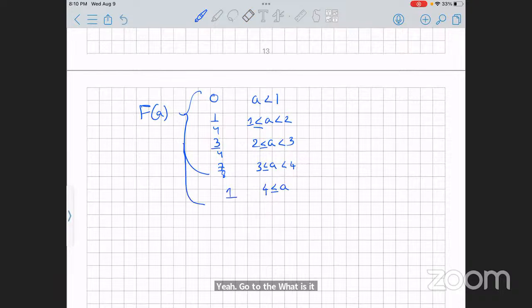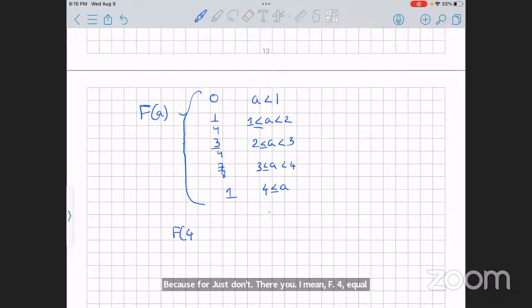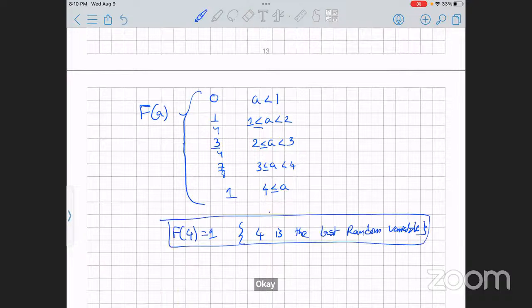At this position you can stop, because F of 4 is equal to 1. So you can say 4 is the last random variable. Clear?